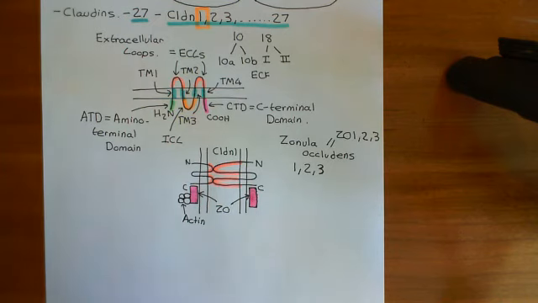That is therefore how you attach claudin proteins to the actin cytoskeleton of the cell. We'll call it there for this video, and in the next video we'll discuss other cell adhesion molecules which are involved in tight junctions.